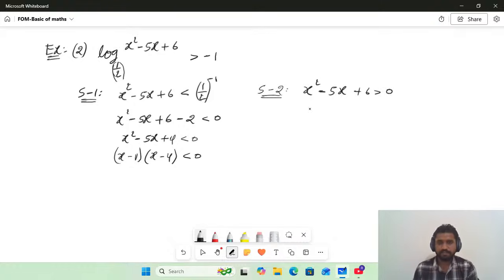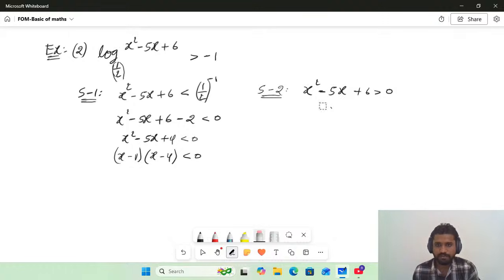So what are the factors here? Can we take minus 6 and plus 1? No, we cannot, because they do not give the middle term. Minus 2 and minus 3 are the factors we can take.